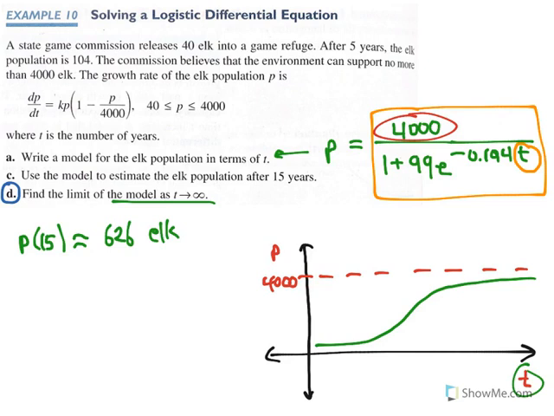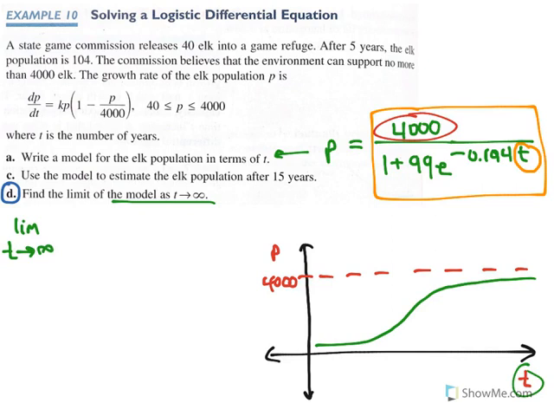Now I can show that algebraically, and here's how I would show it analytically. So we want to know what happens as t goes to infinity. So we want to take the limit of the logistic equation as t goes to infinity.